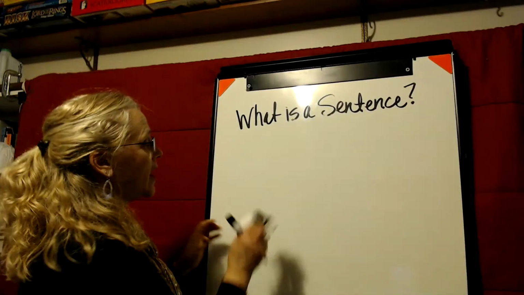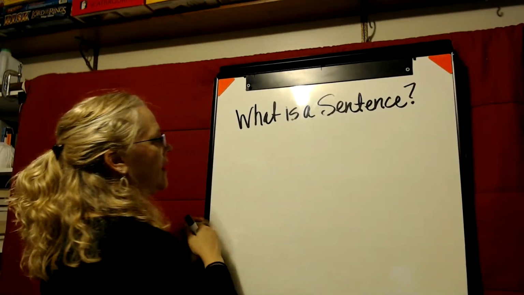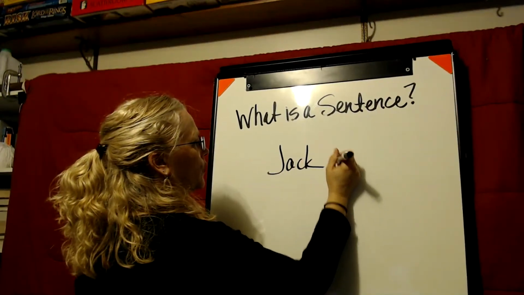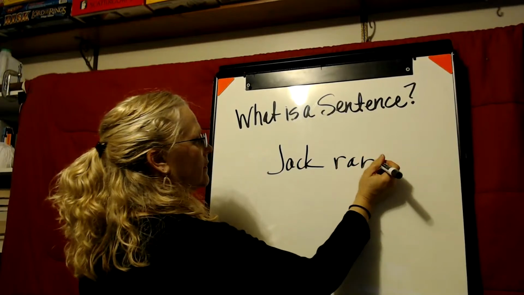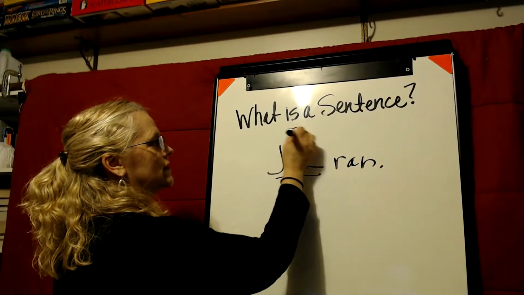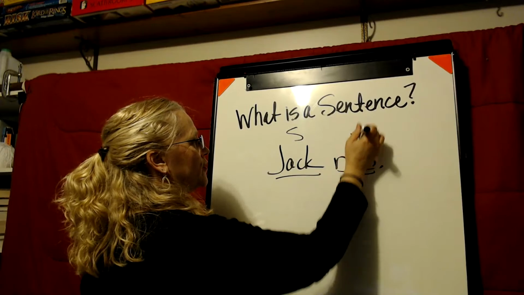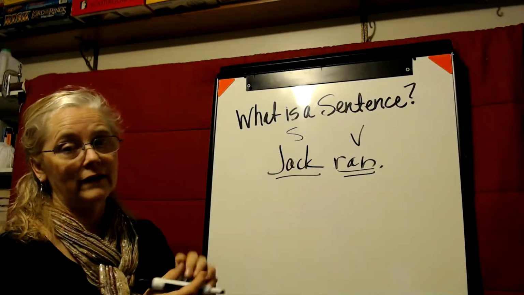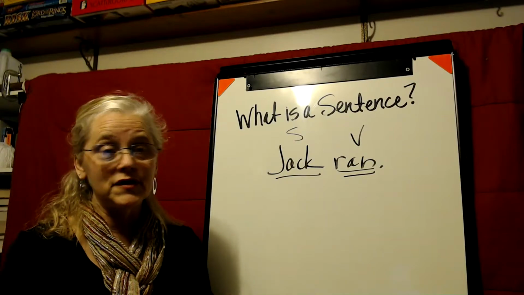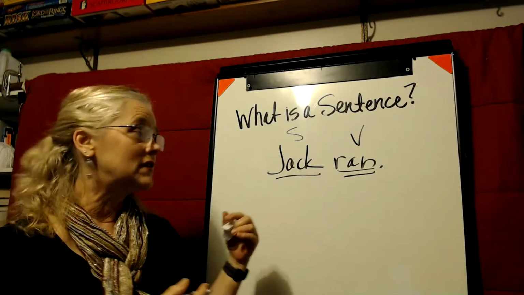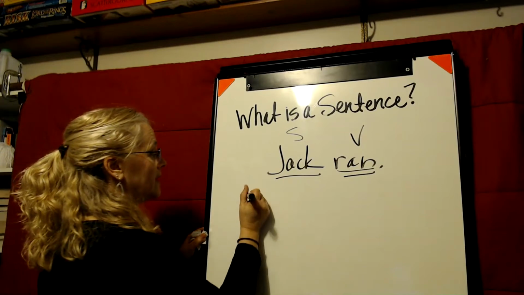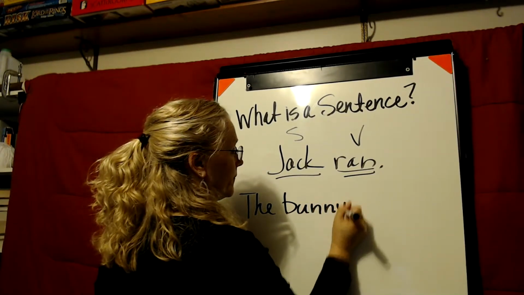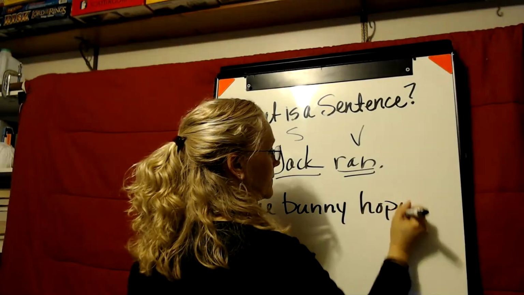So a basic sentence, I might say Jack ran. I've got a subject and I've got a verb. Two words. Jack ran. Now you can add more words. I could add some adjectives. So maybe I could say the bunny hopped.